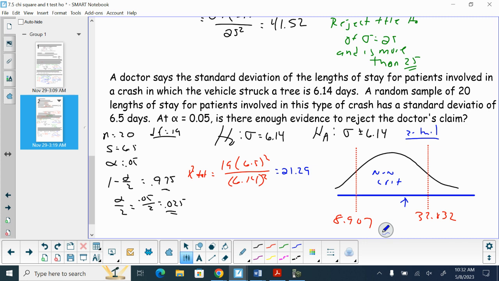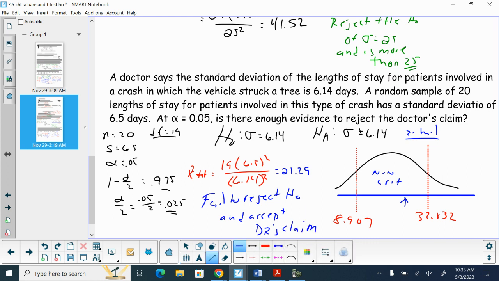So we fail to reject the null hypothesis and accept the doctor's claim of a standard deviation of 6.14.